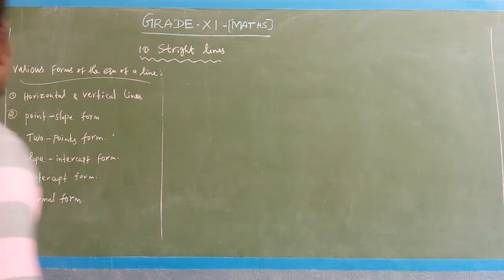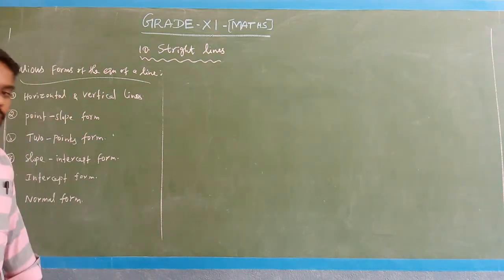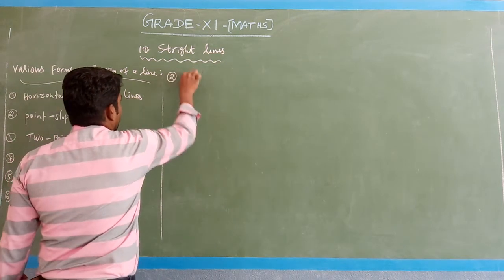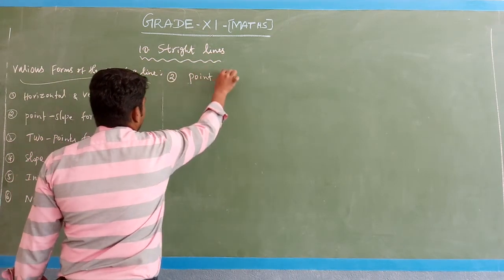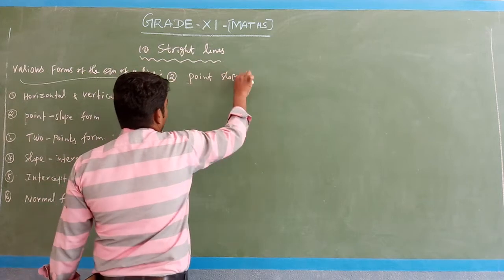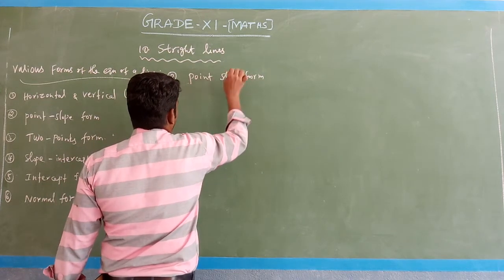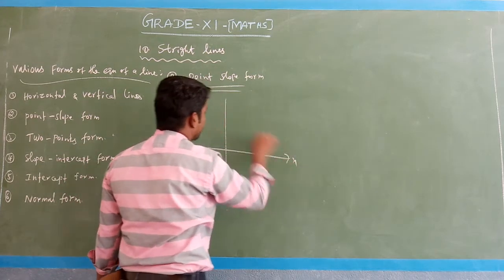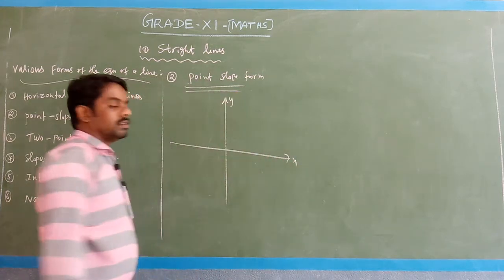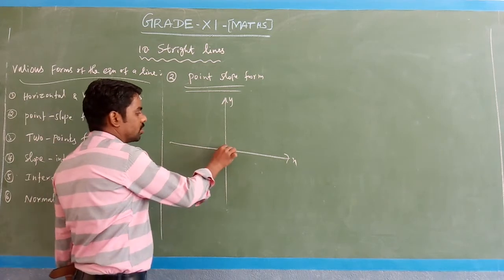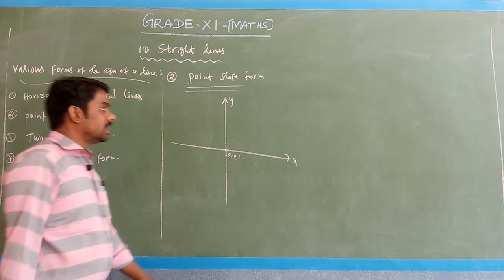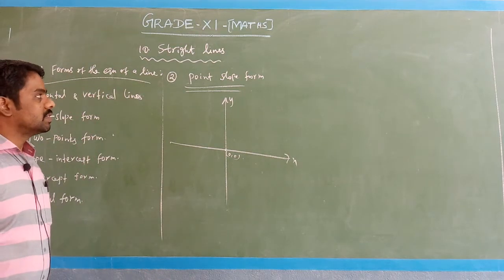Okay, next, second one, point slope form. Let's consider the x-axis and the xy plane. 0 comma 0 is the origin. This is the point slope form.